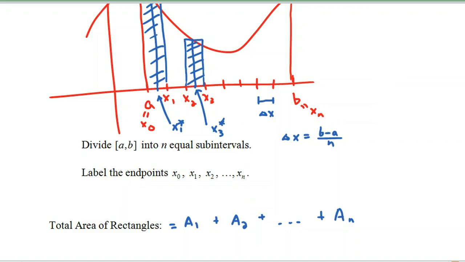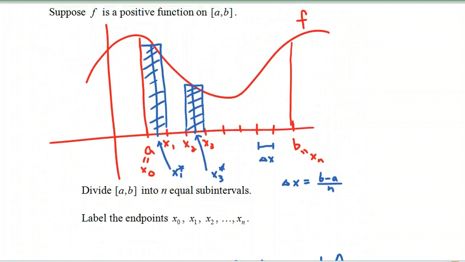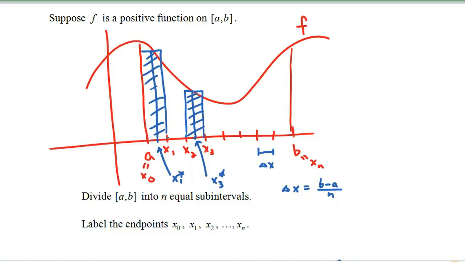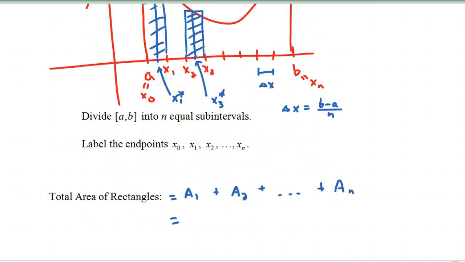So what is A sub 1? What is the area of the first rectangle? Well, notice it will be the width of the rectangle times the height of the rectangle. Now, the width is delta x, and the height, what is the height? Well, it's this height right here, which is f of this number x sub 1 star. So the width is delta x, the height is f of x sub 1 star.